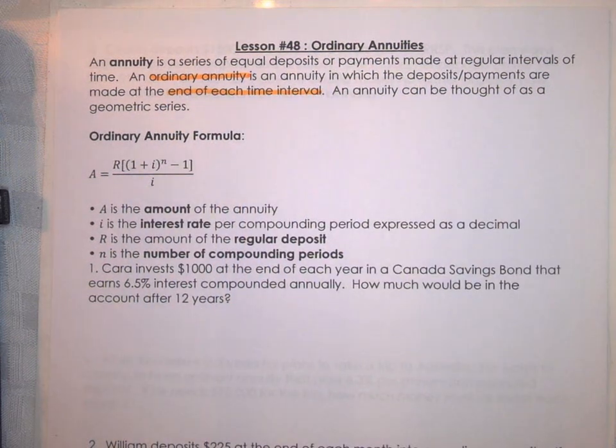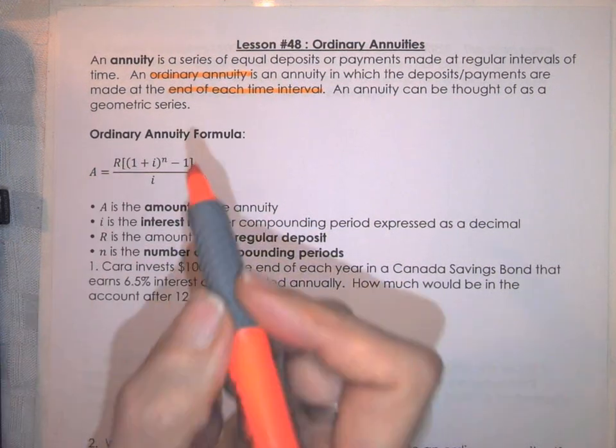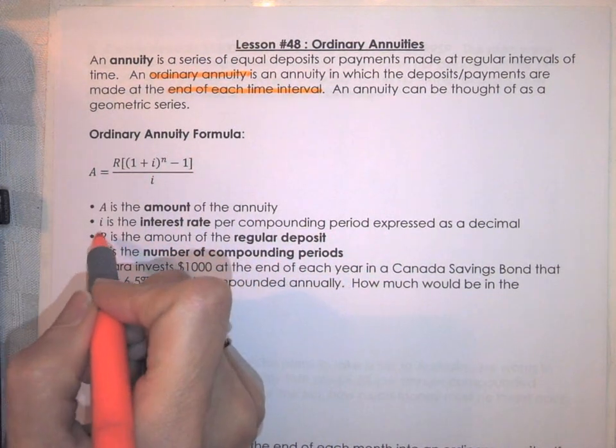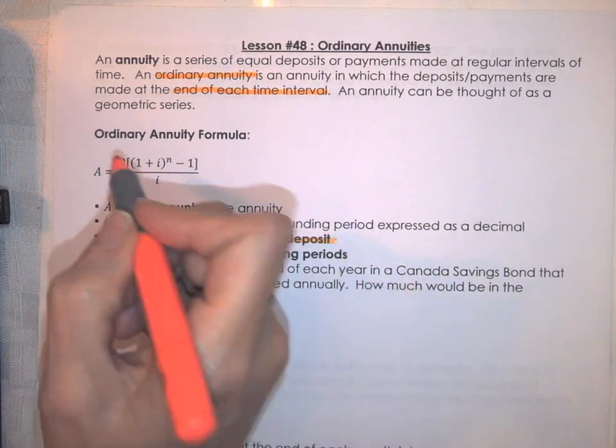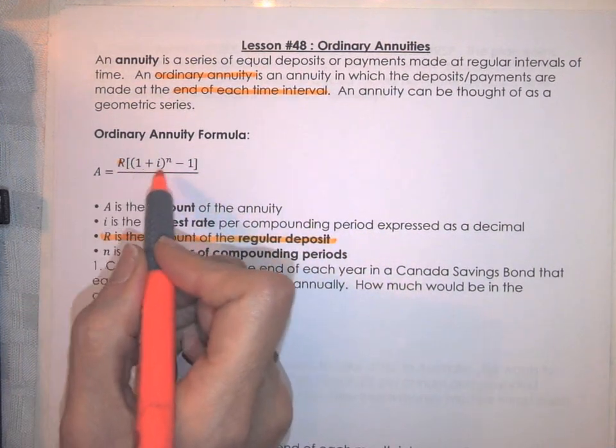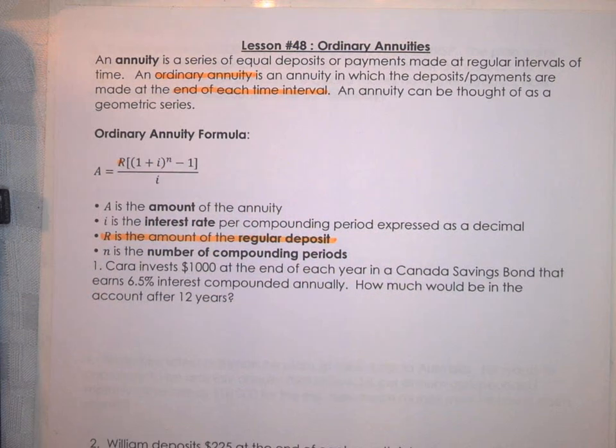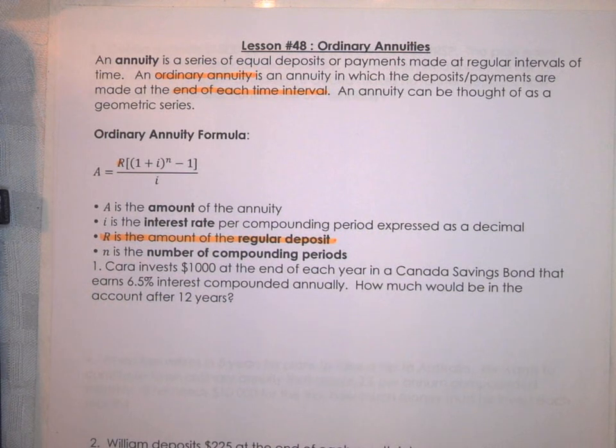An annuity can be thought of as a geometric series, and our ordinary annuity formula is: the amount in the account, A, is equal to R, which is the amount of our regular deposit, times 1 plus i to the n, which looks familiar to our compound interest formula.